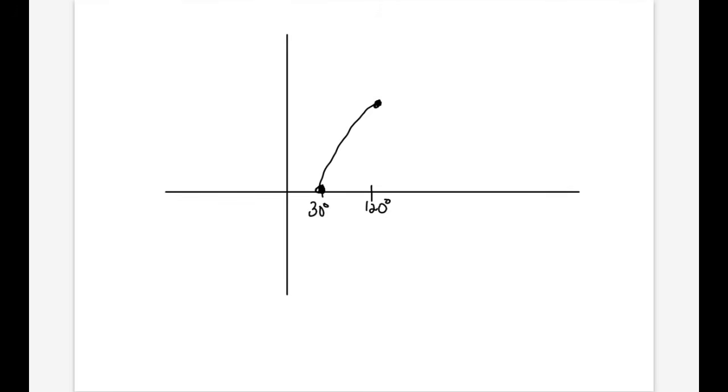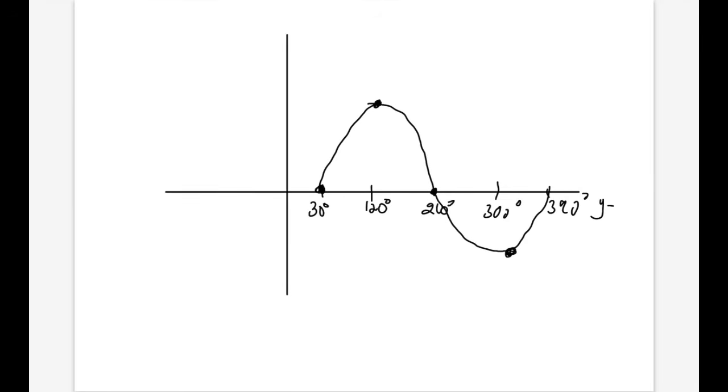Instead of it returning to the x-axis at 180, it will return at 180 plus 30, which is 210. Instead of its lowest point being at 270, it'll be at 300. And instead of completing itself at 360, it'll complete itself at 390.